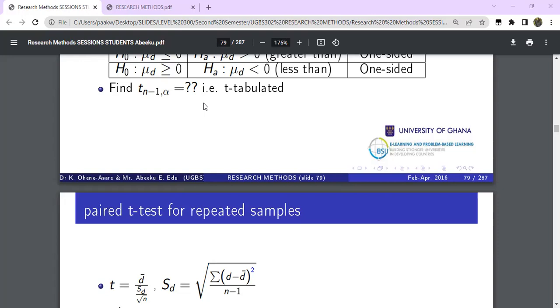You always use the t computed that we solved here. Whatever we solved here, we use that one to find our p-value. The p-value is the probability of this t. You find it from the table. So that's the rule.